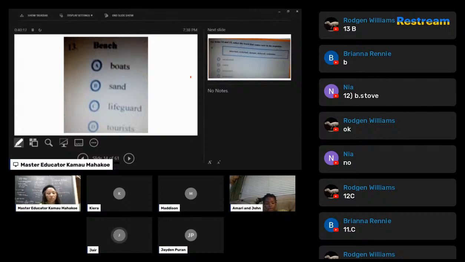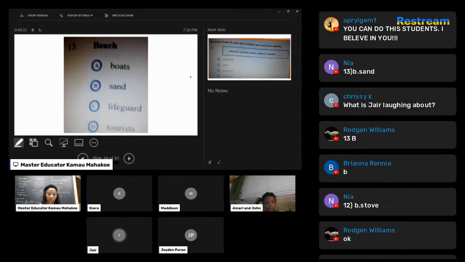Because sand is the only thing that is naturally there at a beach. Boats, you bring boats to the dock at the beach. Lifeguard, there's a lifeguard there watching over the beach, and tourists come to visit the beach. The sand is the item that is always there, regardless of anything. Okay, right. And the sand is what makes it a beach.